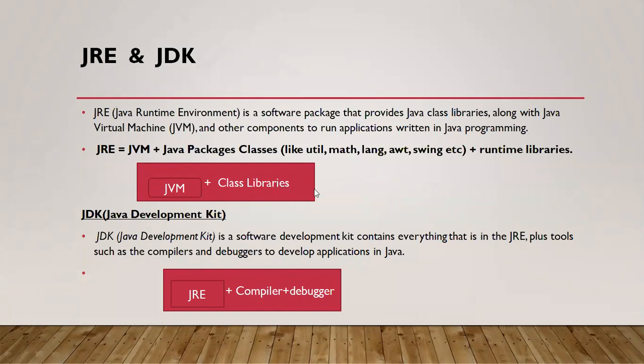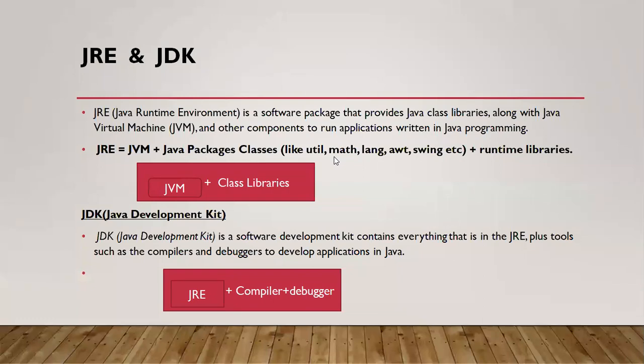Class libraries means, as you already know in C language, we use header files like math.h and string.h. Those are called the libraries of the C language. We include those library files in our program.